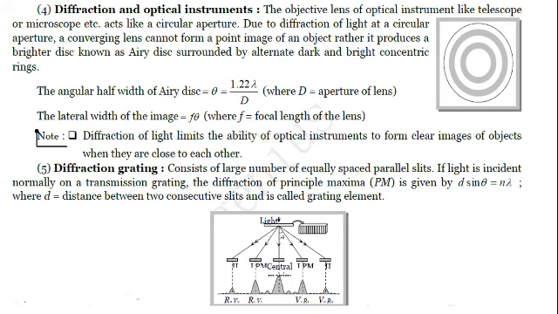So when equally spaced parallel slits are placed and light is incident on the grating, it will separate the fringes. I mean, the dark one and the lighter one get separated. That separation is called diffraction grating. Of course, it is just an explanation. We don't have any practical uses here.